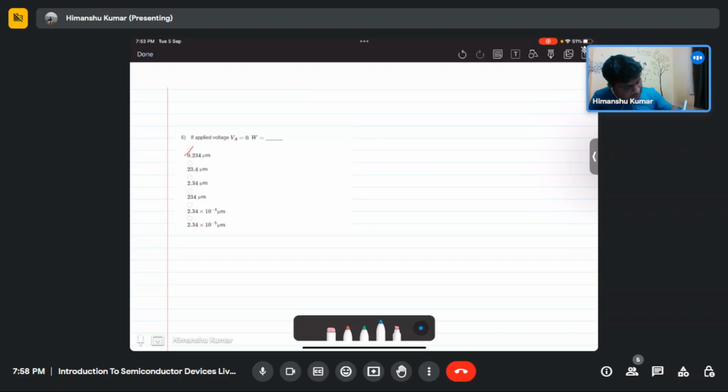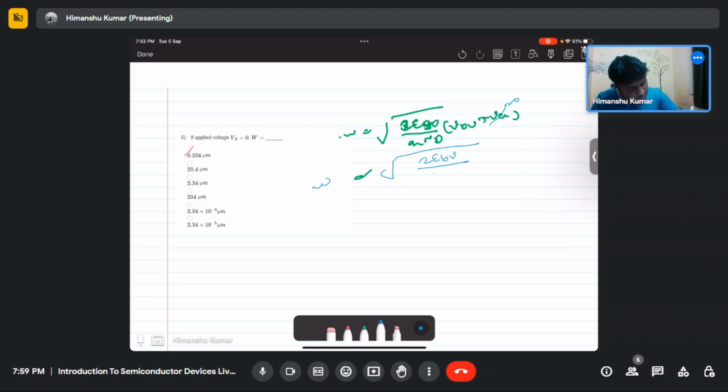Depletion width is our old formula, square root of 2 epsilon Si by q Nd times (VBI plus VA), and VA is given as 0, so we can put this as 0. Then our depletion width will become square root of 2 epsilon Si by q Nd times VBI.